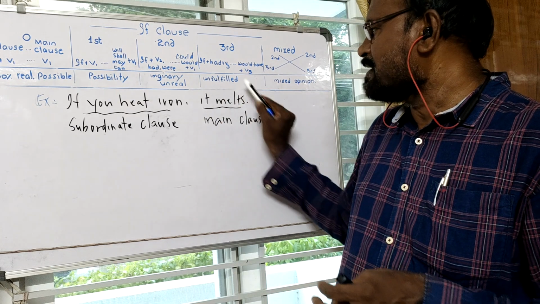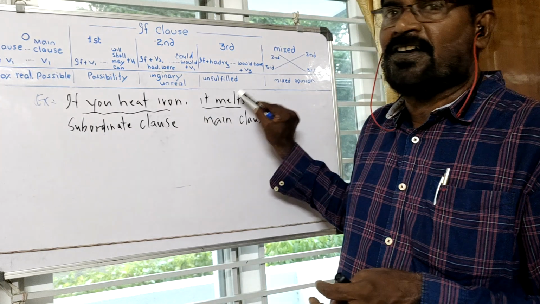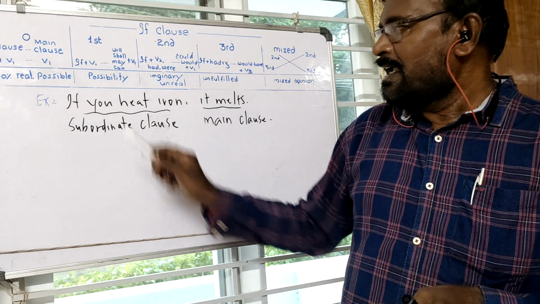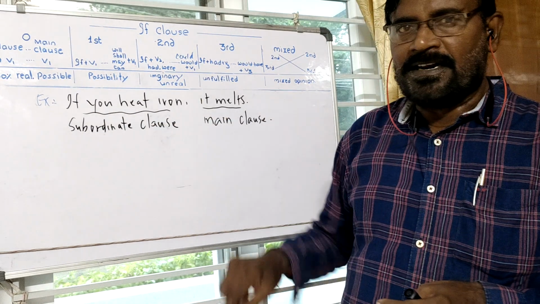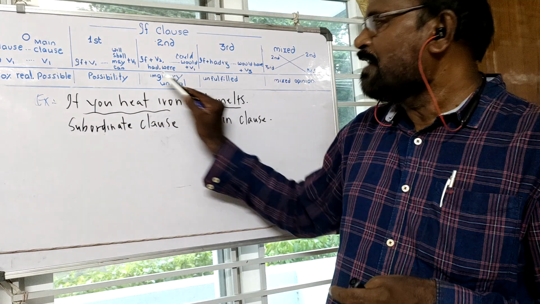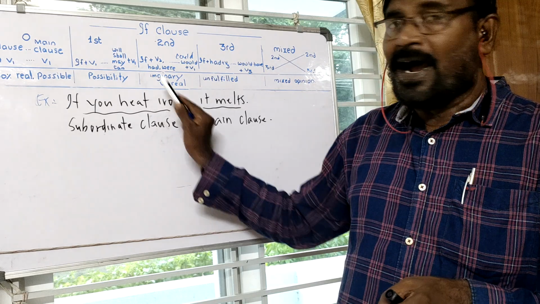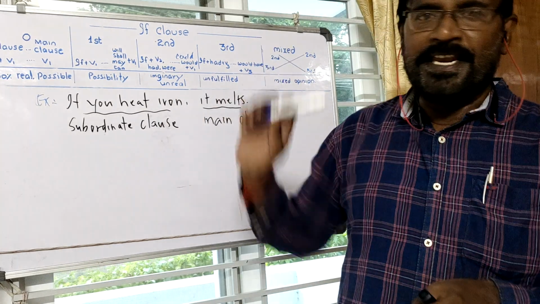The main clause is an independent clause, but the if clause is a dependent clause. Why is this if clause a dependent clause? As it doesn't give its meaning completely, it depends for complete meaning on the main clause.